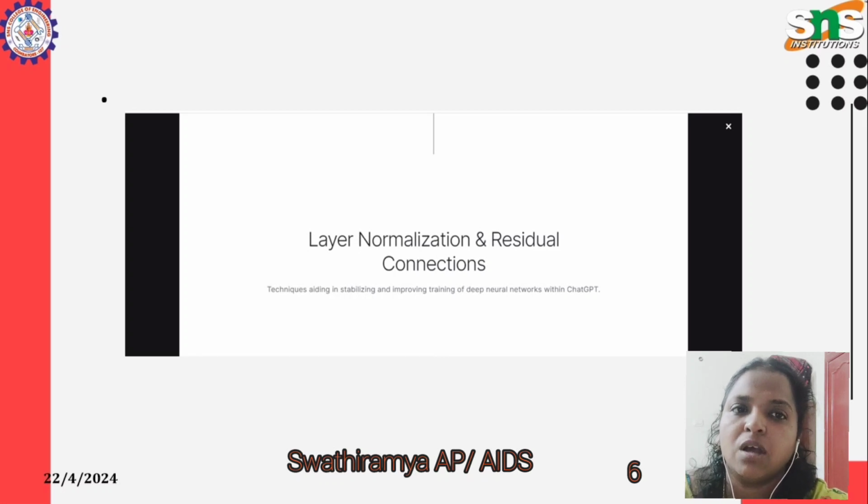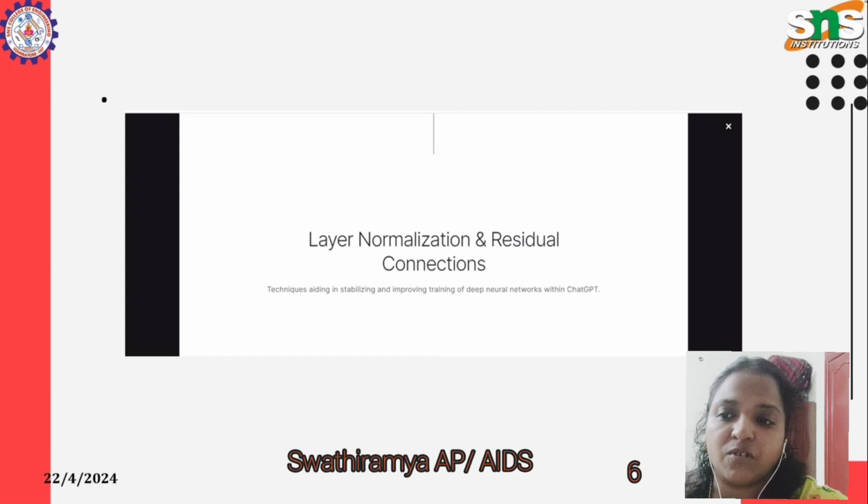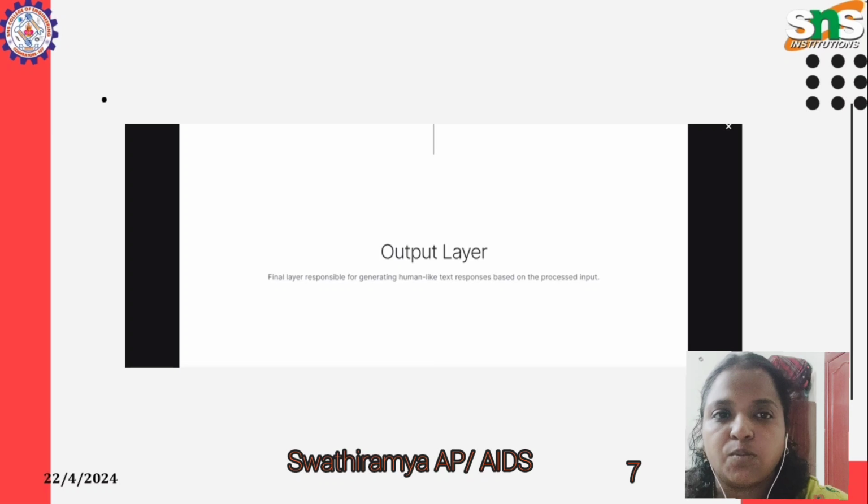It gives more efficient training by keeping the information of the previous layers, so that is how it got the name residual connection. These are the six components of ChatGPT, which are the most needed, the main components of ChatGPT.